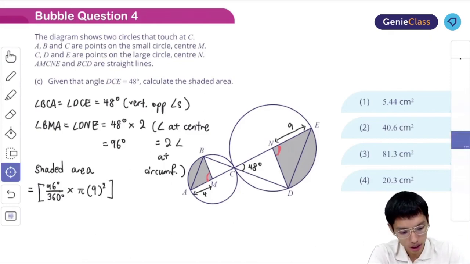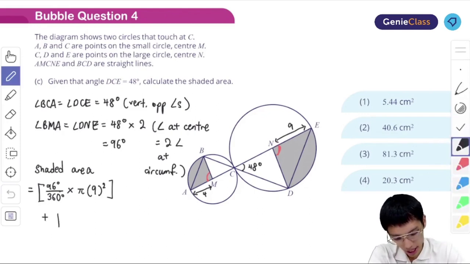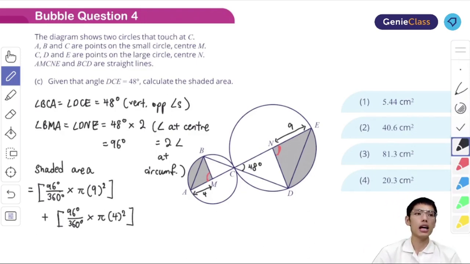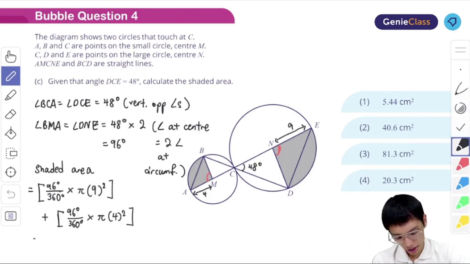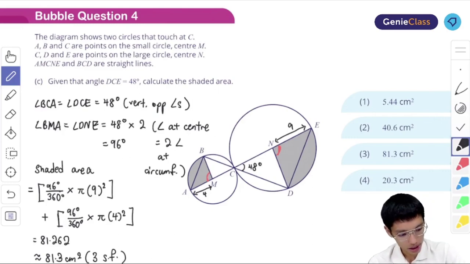So let's say I do for this area first, plus again the other area, 96 degrees over 360 degrees, multiplied by pi 4 square. Summing it up, you can press your calculator, write in 5SF first, 81.262, simplify to 3SF, 81.3 cm squared. That is 3SF. And that's how you get the answer.